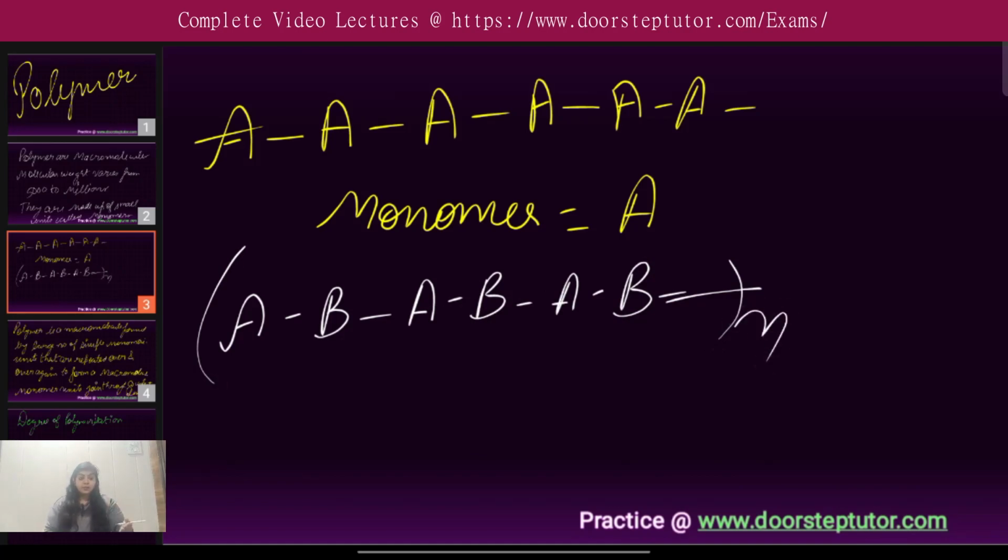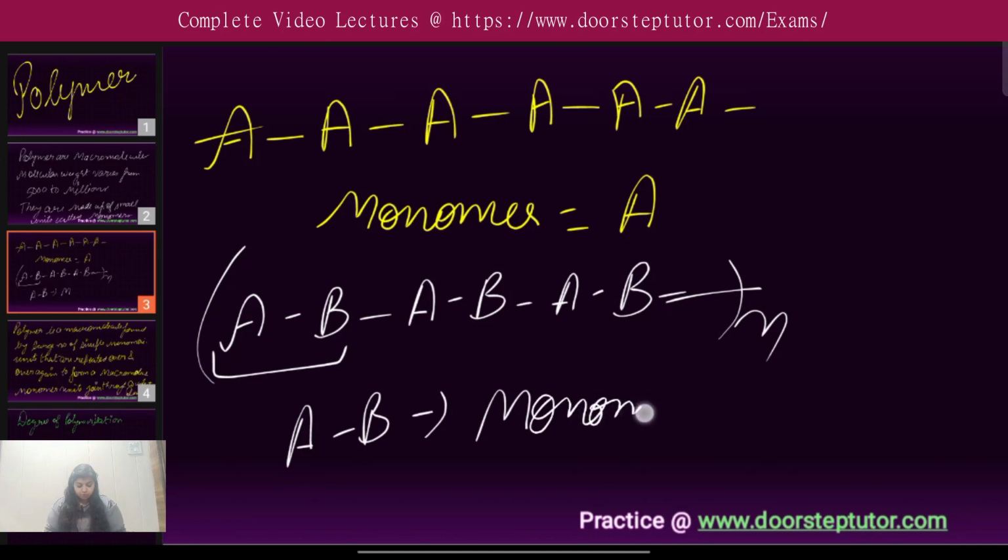So here what is our repeating unit? That is our AB. AB is the repeating unit. So AB is the monomer here. So whenever we have to look for a monomeric unit, we just have to see which of the units is being repeated in the complete polymer. That repeating unit is going to be known as our monomer.